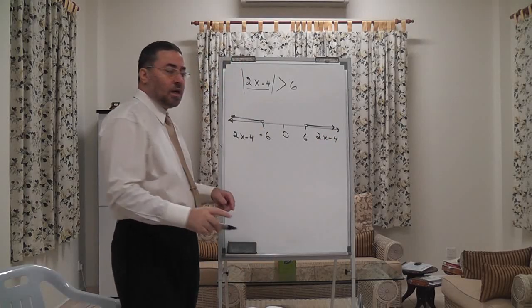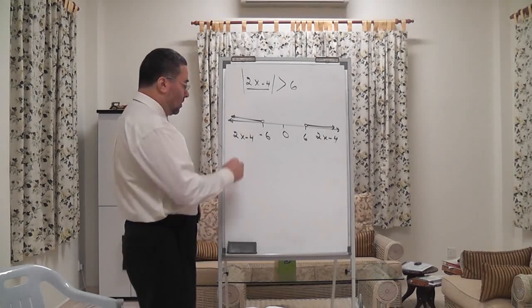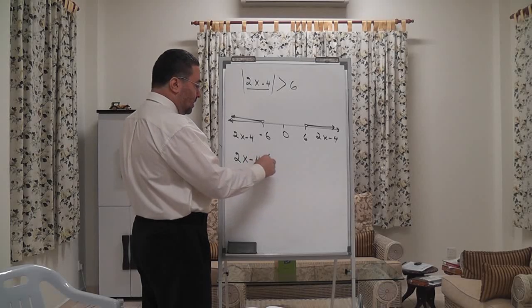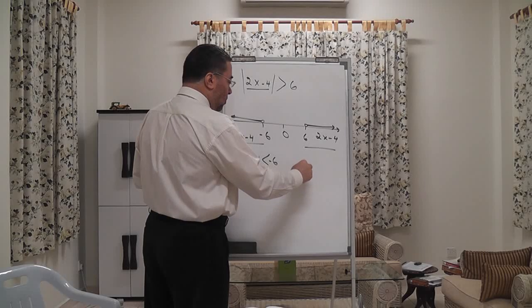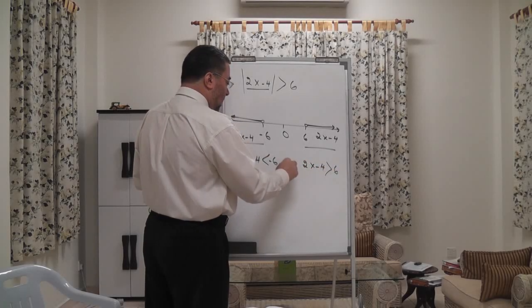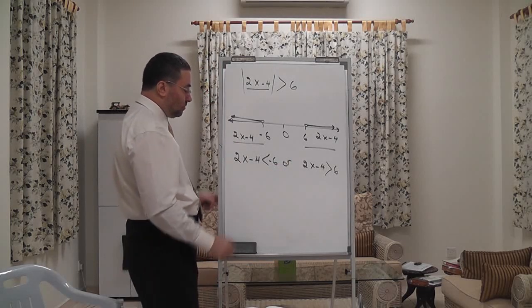Now, if we want to get the allowed values for x, we have to solve the inequalities of 2x minus 4 less than -6, this inequality, and this one, 2x minus 4 more than 6. And these two are tied up by the word or, so this is a disjunction.